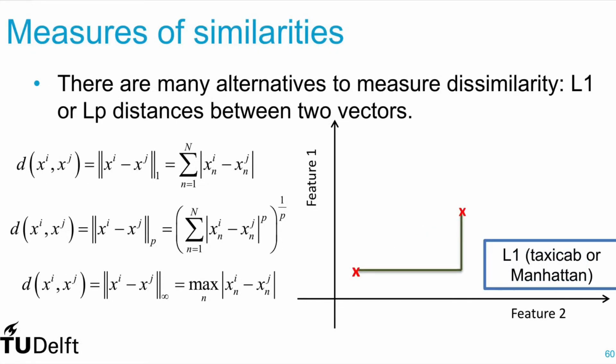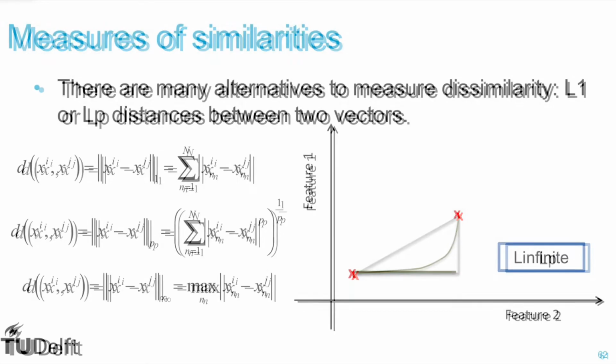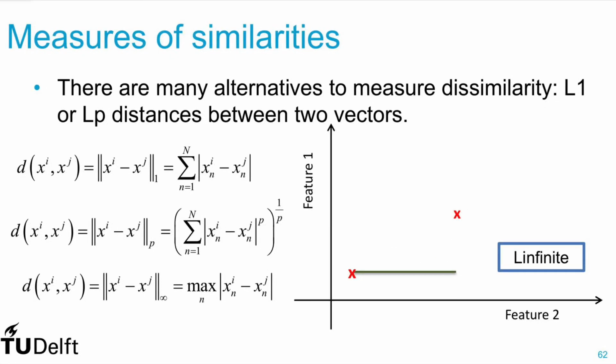The L1, also called taxicab or Manhattan distance, would be the sum of those two green lines. LP is somewhere in between L1 and Euclidean distance, and L infinity then captures the maximum distance with respect to all the components of the vector.